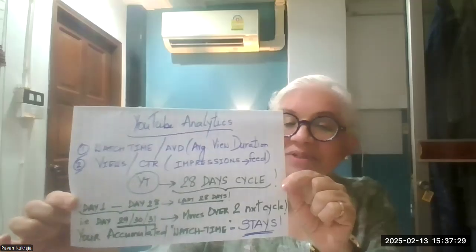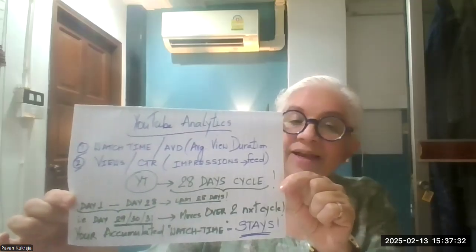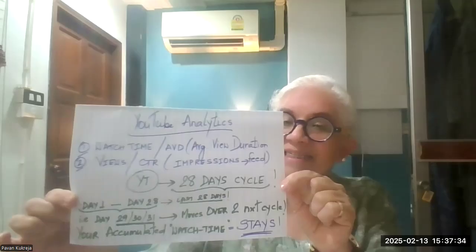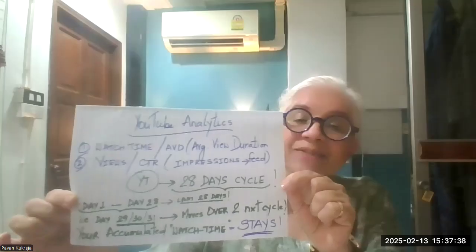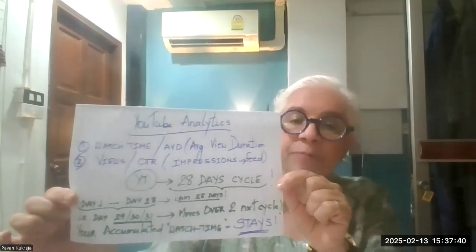So the second cycle begins on the 29th and runs right through 28 days, finishing in the month of February. So your accumulated watch time does not disappear. The algorithm does not throw it away or is not playing hooky with us, but that's the way they have coded the program.